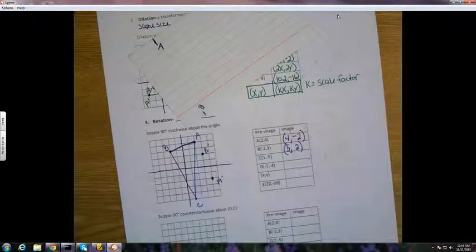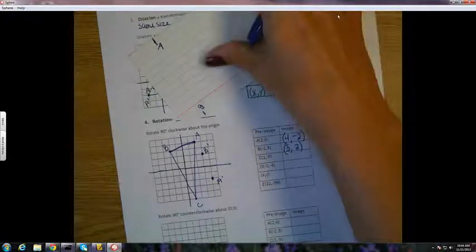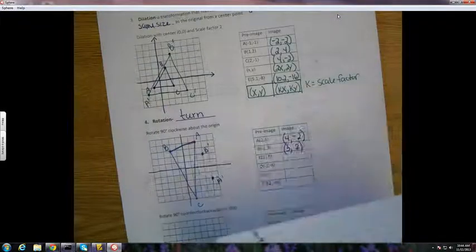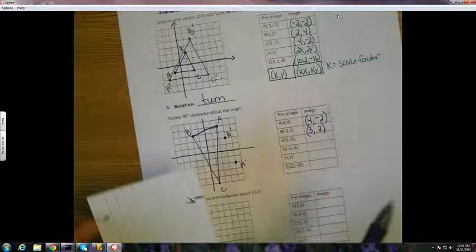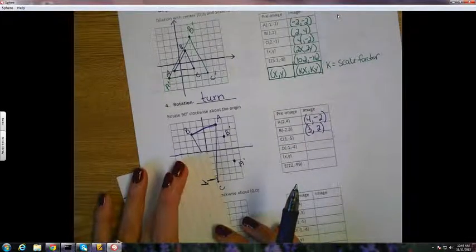We're doing one more and then we want the pattern. What can I do with the original point to get the new point? So let's move C 90 degrees clockwise. You see the pattern? Good. The pattern is what's important.